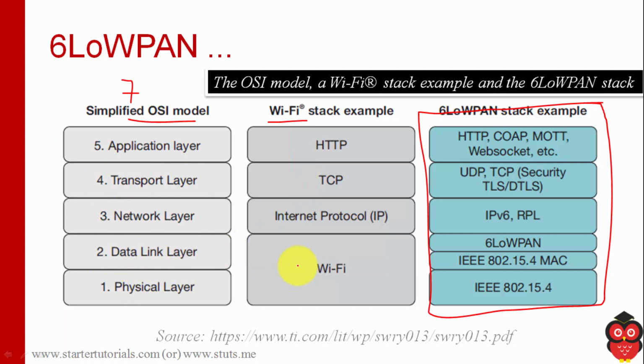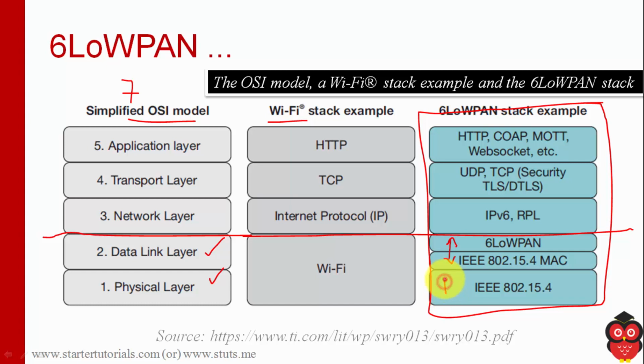Wi-Fi has the functionality of only 2 layers: the physical layer and the data link layer. 6LoWPAN is built on top of IEEE 802.15.4 technology.